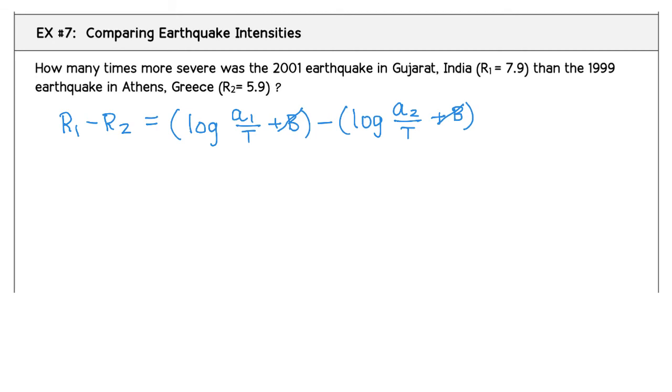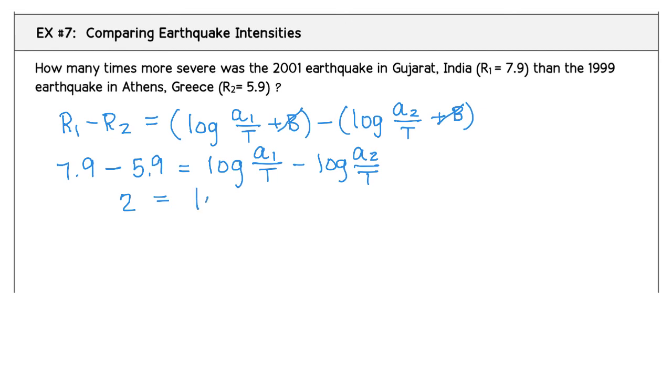And so our R1 reading was 7.9. We're getting that from the problem. Minus our R2 reading was 5.9. And that's equal to log A sub 1 of T minus log A sub 2 of T. So when we subtract these, we get 2 equals, and then remember your logarithm properties.